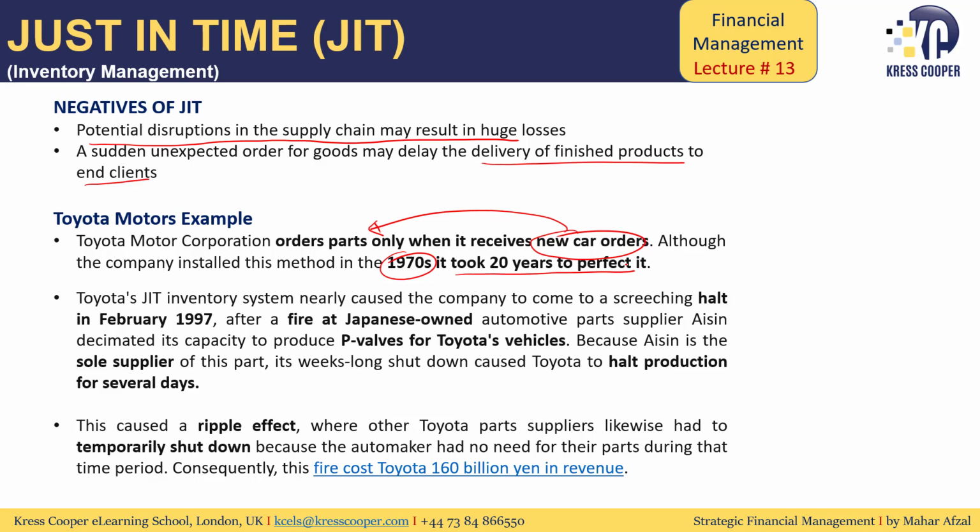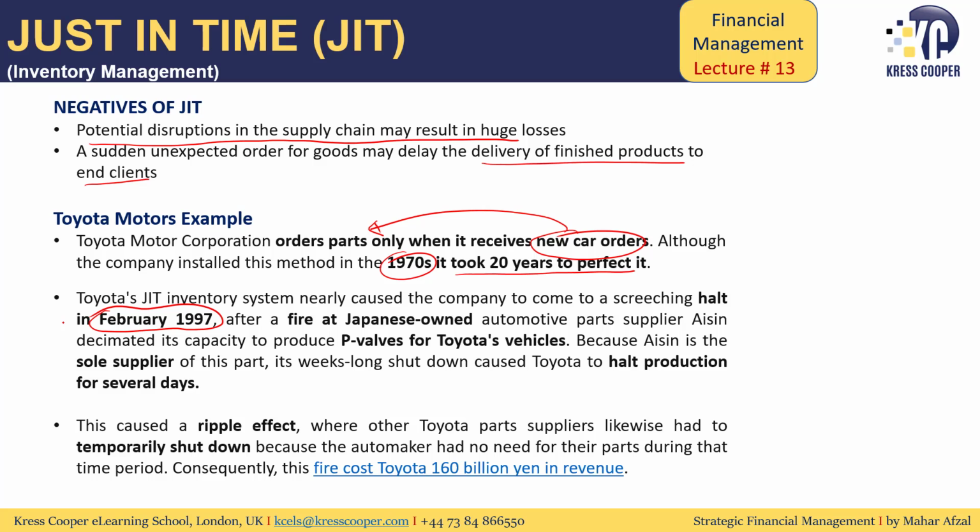Toyota's just-in-time system nearly caused the company to come to a screeching halt in February 1997, when a fire broke out at one of Toyota's suppliers, which supplied P-valves to Toyota vehicles.